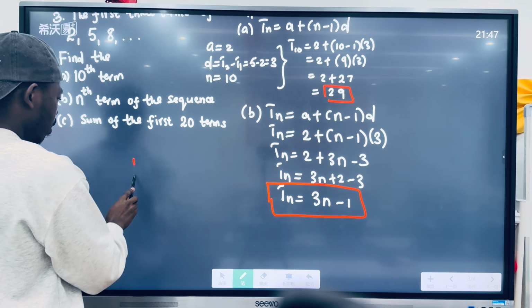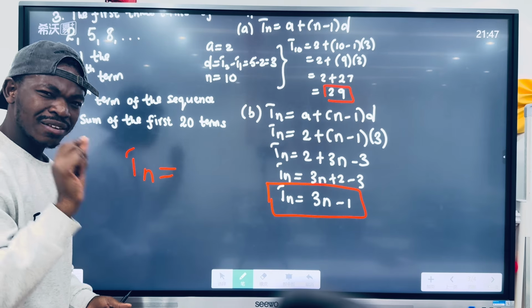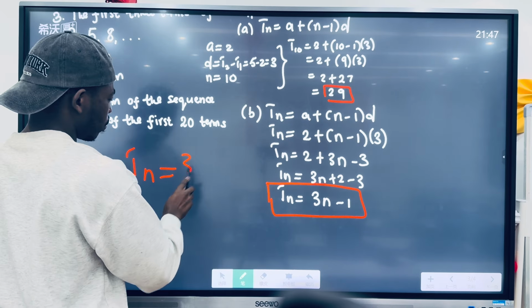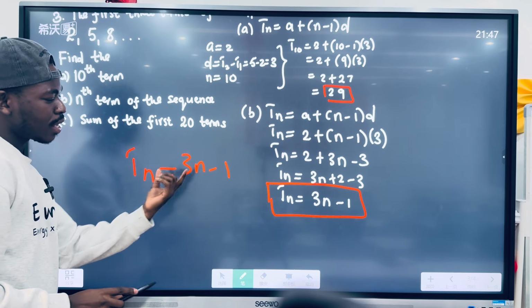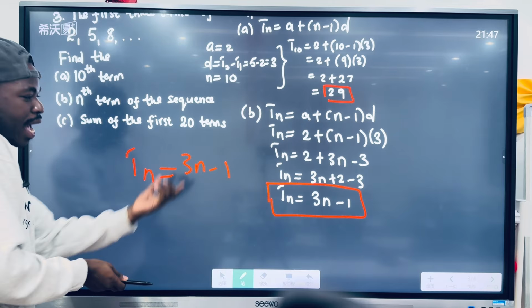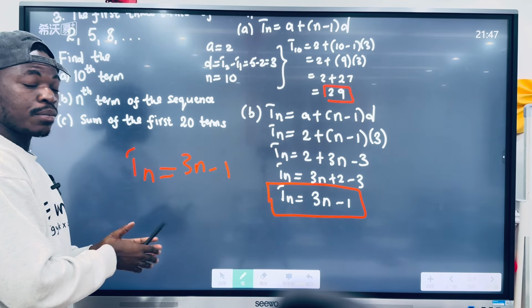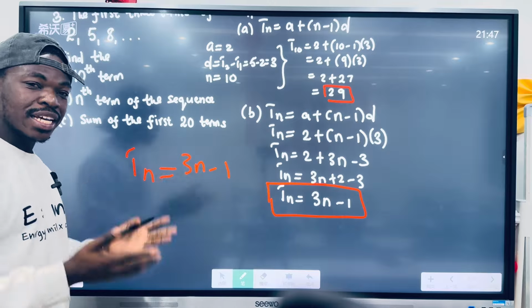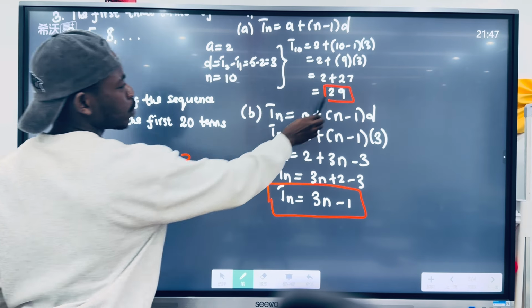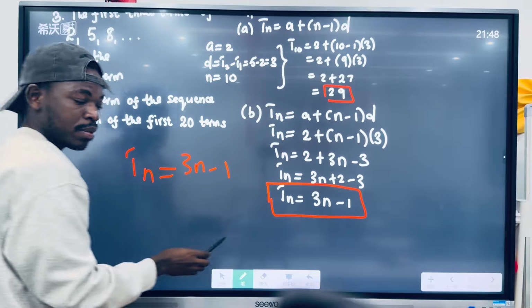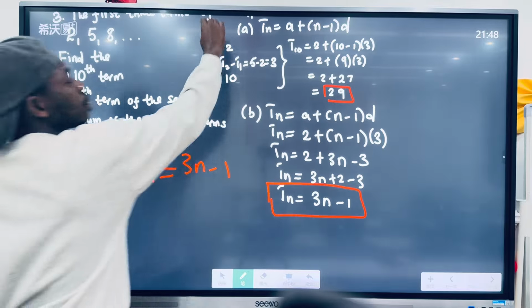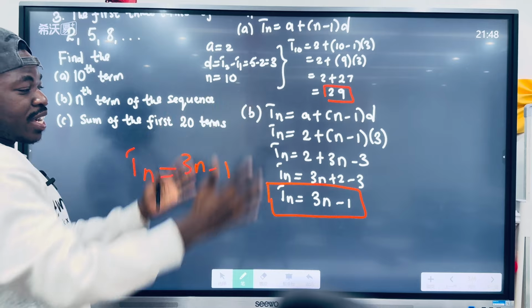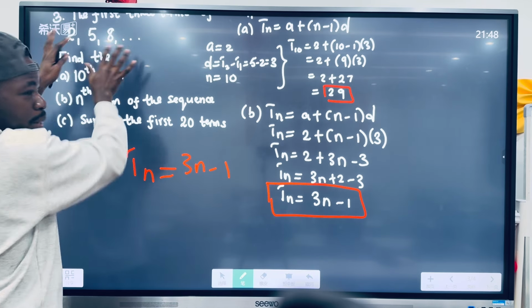Now that I know the formula specific to this sequence is 3n minus 1, instead of using the long formula, I can use this simplified one.